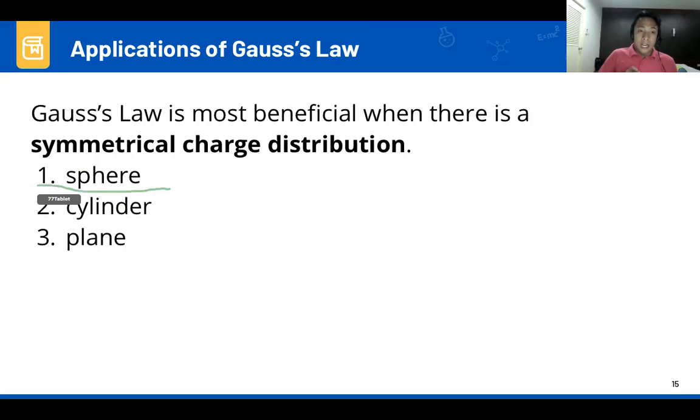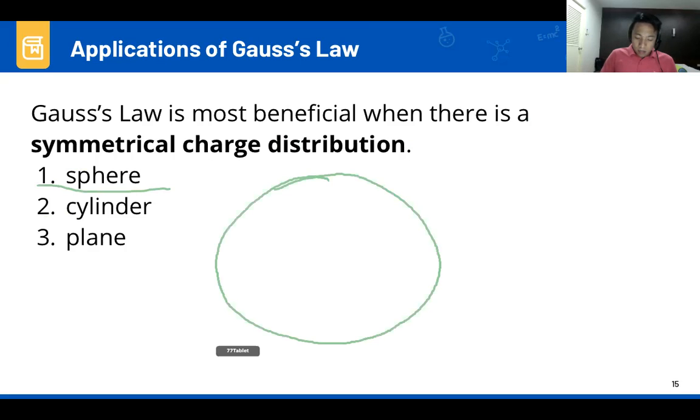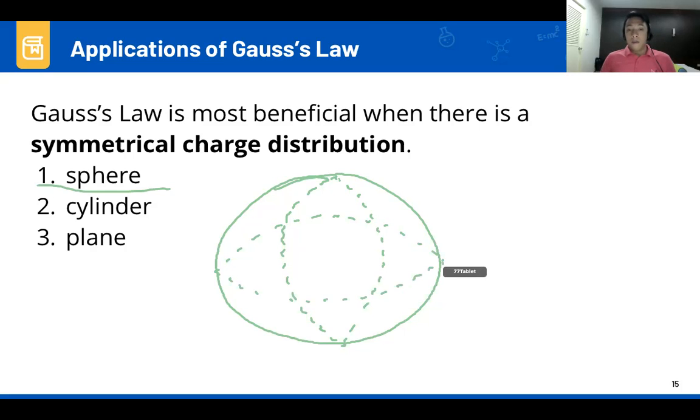The first one is a sphere. Of course, we all know sphere. Example of a sphere, yung ating basketball. Lahat ng bola, diba? Those are spheres. If I will draw a sphere, it looks like this. Yung sphere ko kasi hindi perfect. This is an example of a sphere, okay?